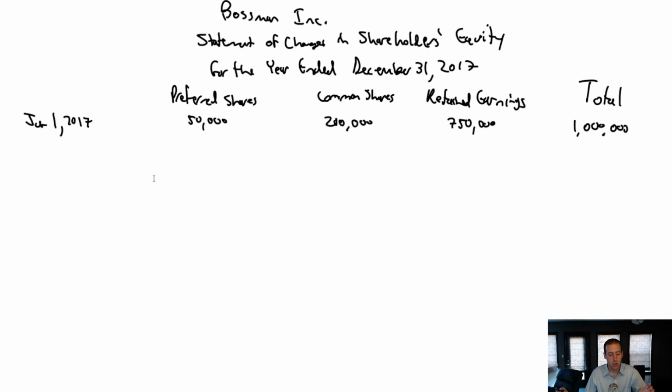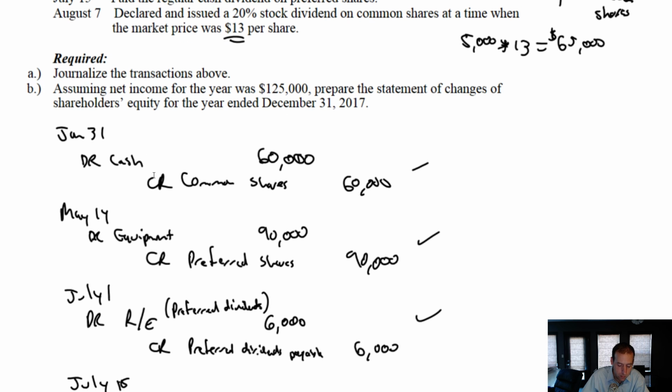Now we just got to transfer all of our entries into these columns. We've got to say, okay, all of the entries that affected our preferred share equity, our common share equity, or our earned capital, our retained earnings, they all need to come down. The other relevant piece of information here is that we had net income of $125,000, and net income, of course, affects our retained earnings.